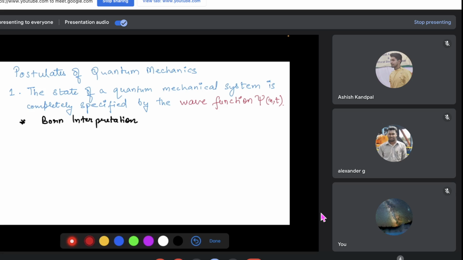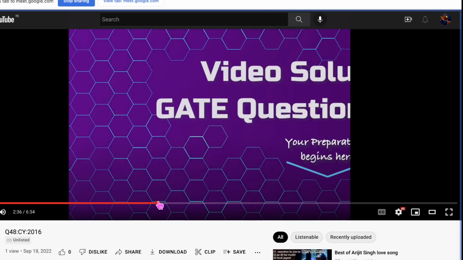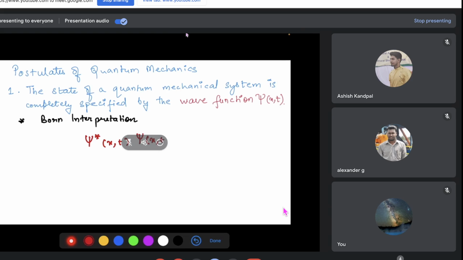The psi star, that is the conjugate of the wave function psi, when multiplied with the wave function psi(x, t), gives the mod square of my wave function.